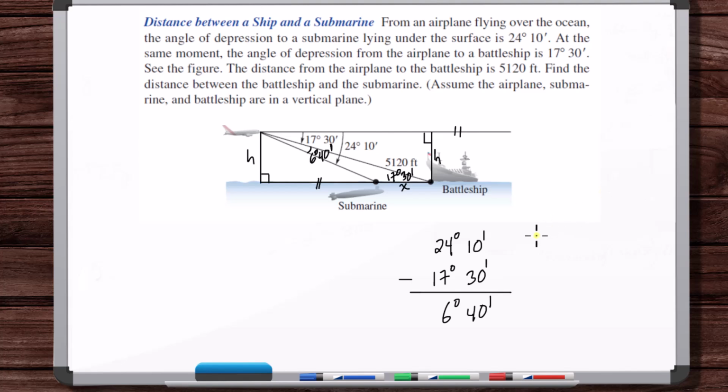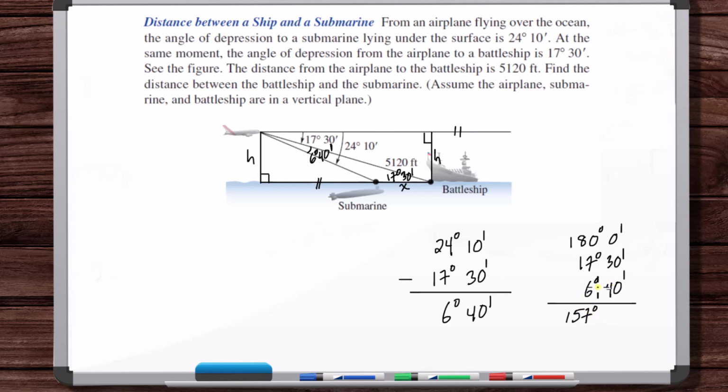So we need to subtract from 180 degrees, 0 minutes, 17 degrees, 30 minutes, and 6 degrees, 40 minutes. 180 minus 17 is 163, and then minus 6 from that is 157.